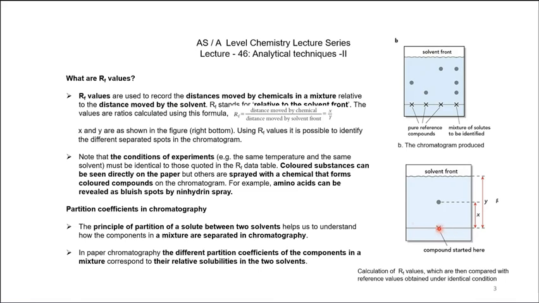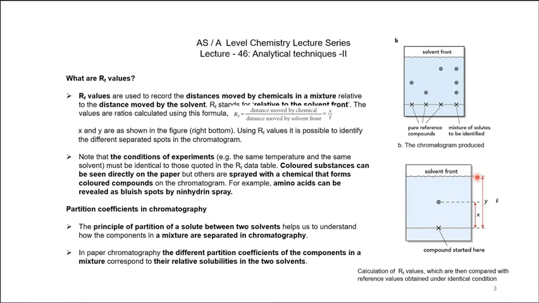This is our compound, which we started there, and this is the movement of the compound, and this X value is what we call the distance moved by the chemical. What sort of ratio do we take? The distance moved by the chemical and the distance moved by the solvent.